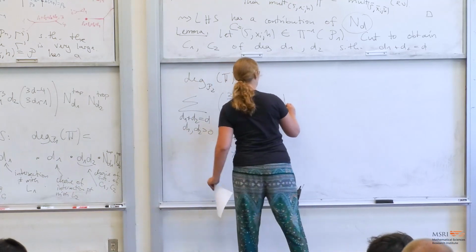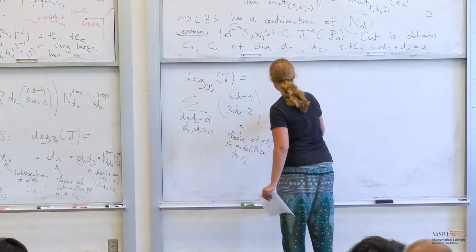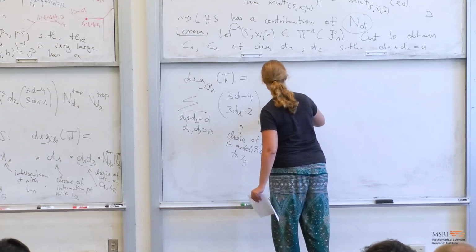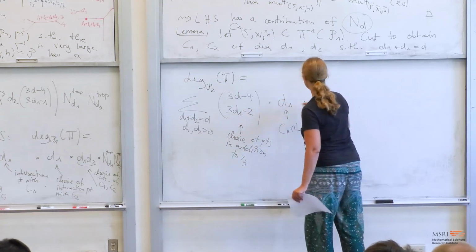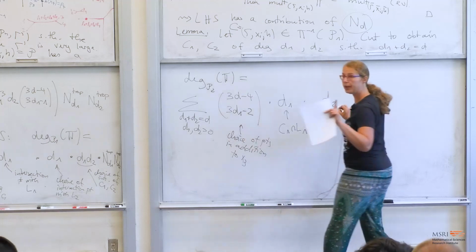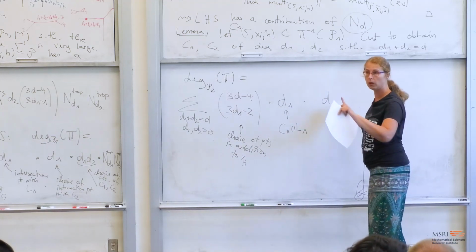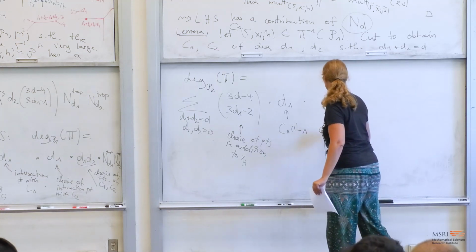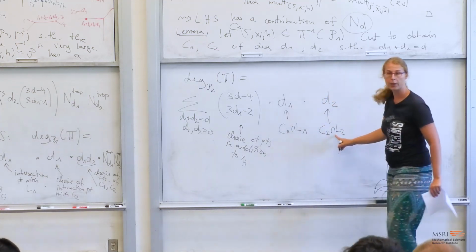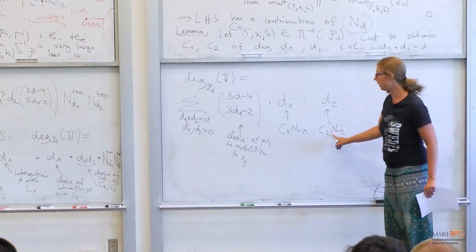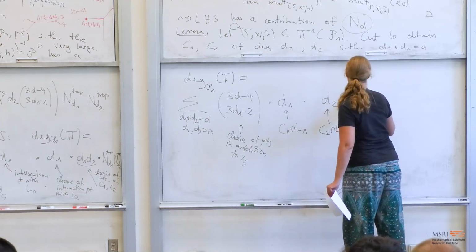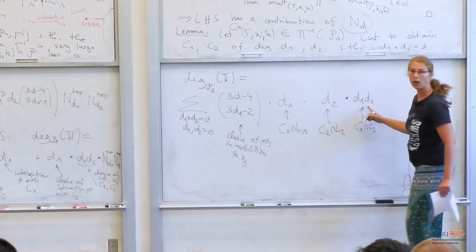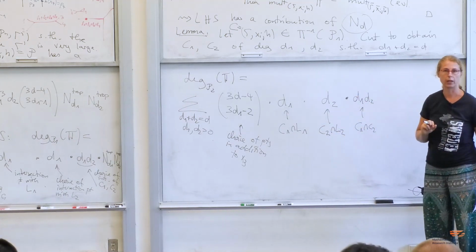Then we have a factor of d1, and this is the intersection of c1 with L1. Then we have a factor of, careful, d2 now, because the mark point number 2 sits on c2, right? So now we're intersecting c2 with L2 and putting our mark number 2 somewhere there. Then we have a factor of d1 d2, which is the intersection of c1 and c2, and we just pick where to put our contracted bounded edge.